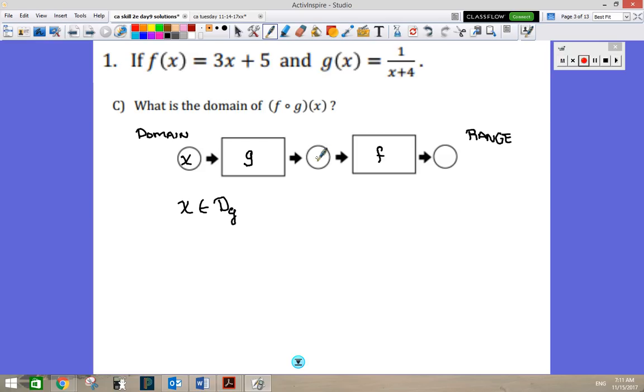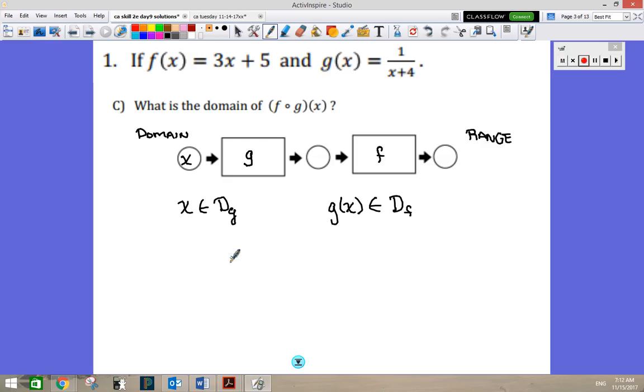Then g of x becomes the output here, but g of x is also the input for f, so it has to be in the domain of f. This little epsilon means an element of, or you can think of it as a member of, or that it belongs to that set.